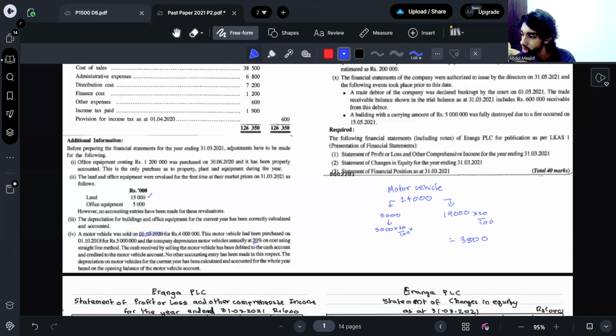So 1st of April 2020 to 1st of October 2020, that is April, May, June, July, August, September. That will be 6 months. So you have to calculate depreciation for 6 months for this motor vehicle that you are disposing. 5,000 into 2 divided by 100 into 6 divided by 12, that will be 50.